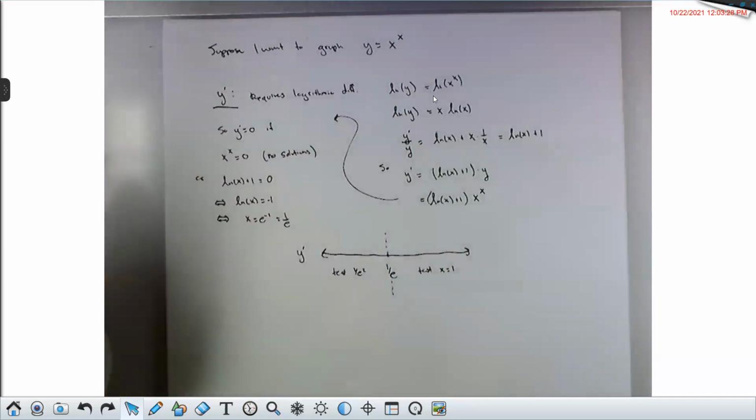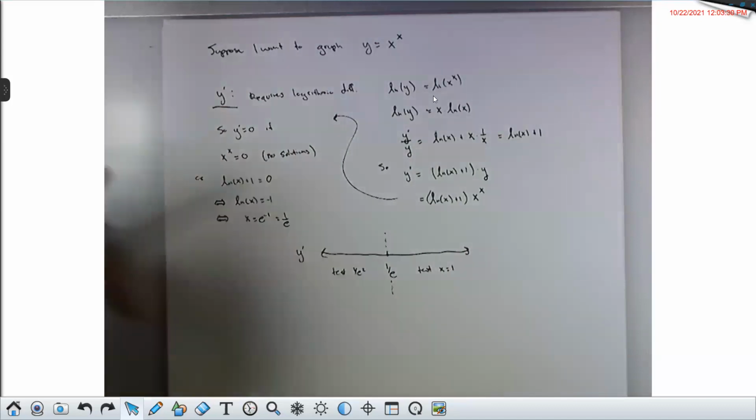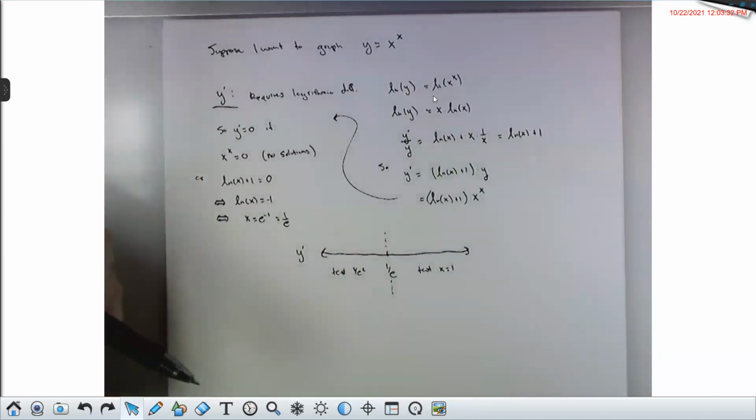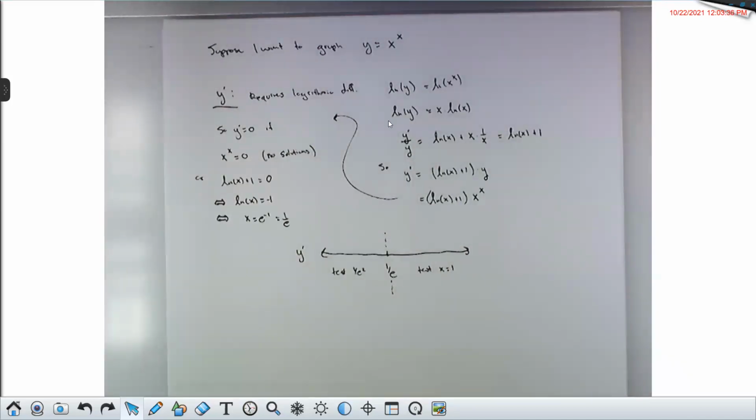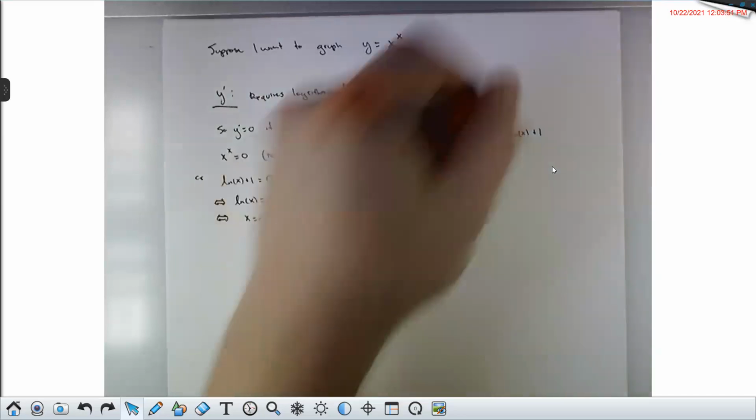I have a question for your right side. That has y prime over y is equal to logarithm x plus, yes. How do you get the y prime over y? Differentiating this implicitly using the chain rule. So this step right here, this is implicit differentiation.